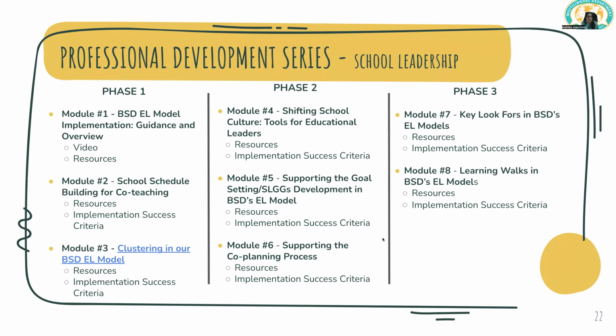And then the idea is that for each of these areas here, each of these modules, we will have a folder of resources as well as implementation success criteria. So we provide a lot of PD in our department, but what we want to make sure to measure is how is it actually impacting students, and what is our success criteria for that module and for that implementation.